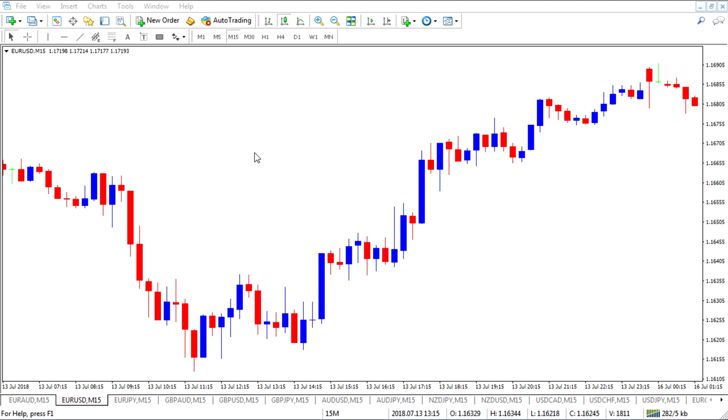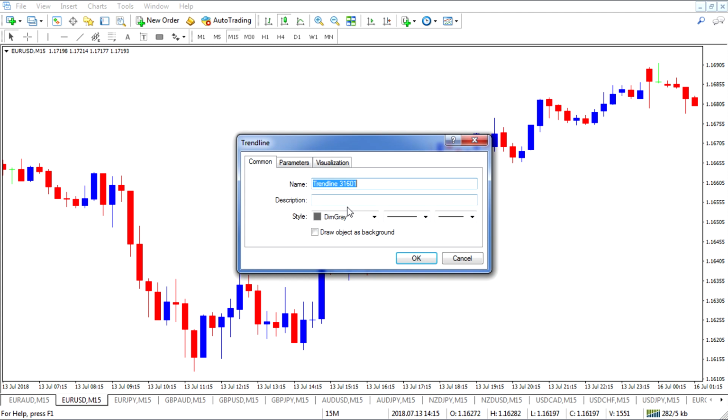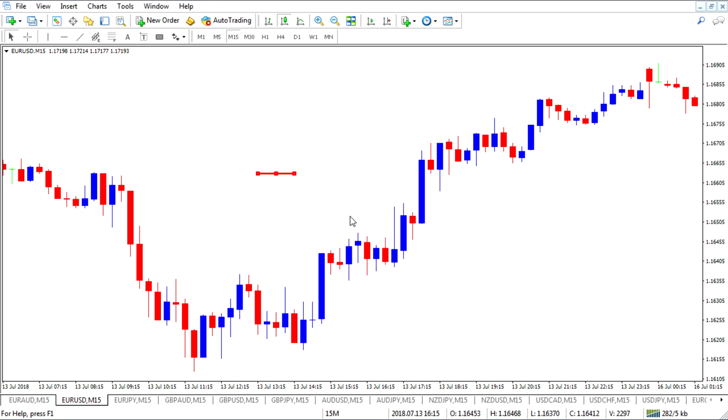What I'm going to do is draw a horizontal line to begin with here. I want to get it red, and we'll make it thicker, thick enough to see.